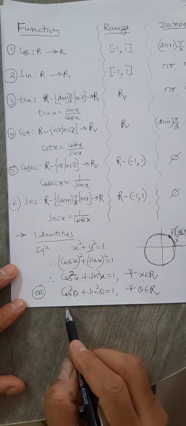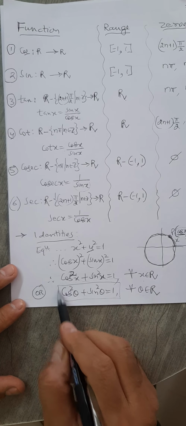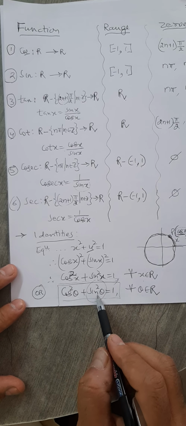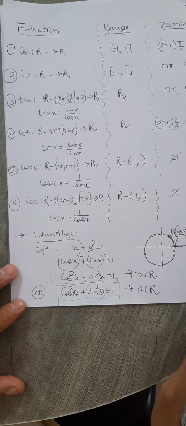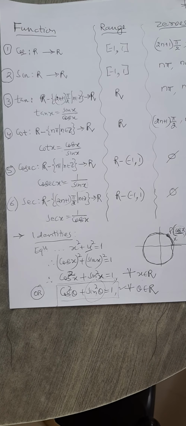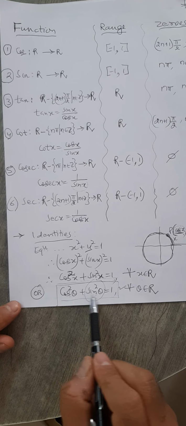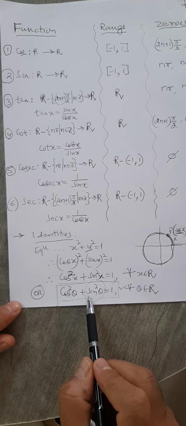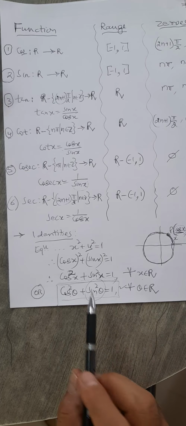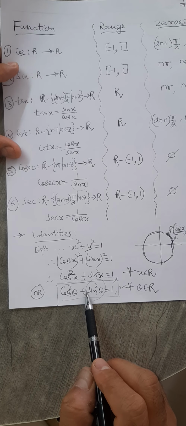So cos square theta plus sine square theta is always 1, remember. You know that the values of cos and sine are never beyond 1. So there's one standard identity: cos square plus sine square equals 1 for every real number theta. I've used theta, here I've used x. Anything can be used, remember, this is just a variable. Okay.